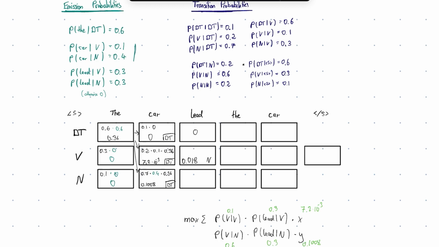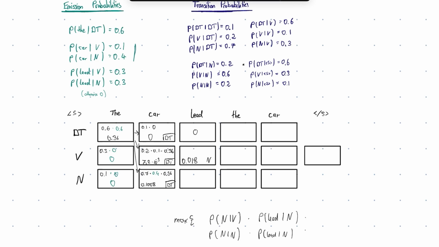Then we do the same thing for the next state, which is the probabilities that we come from the verb state into the noun state, or from the noun state into the noun state, and again emit lead given noun, and the probability that we end up in that state.